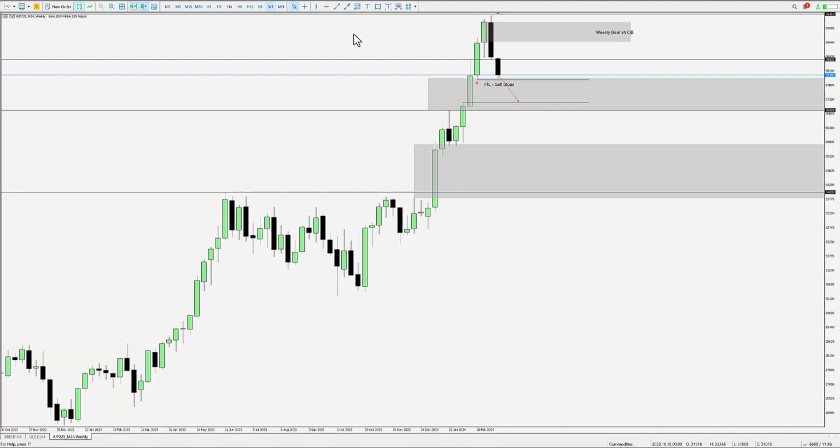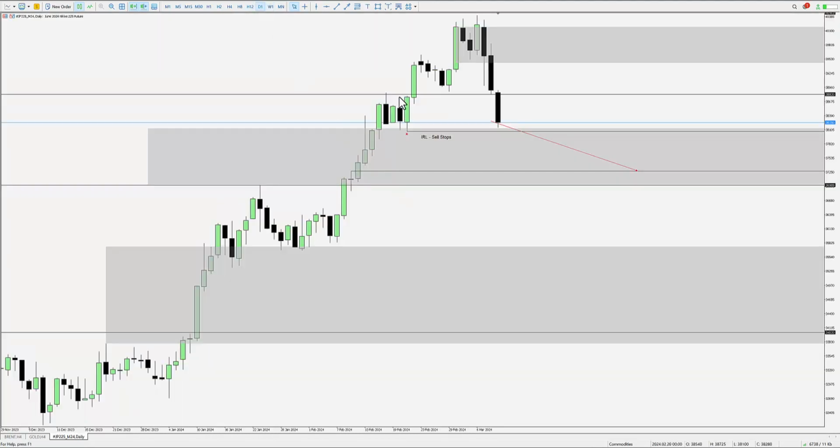So hunting for shorting opportunities from premium is the ideal scenario when you are trading this asset. Inside the weekly bearish order block, we've got our daily bearish OB there. Now expect price to find a bit of support on this daily bullish OB.